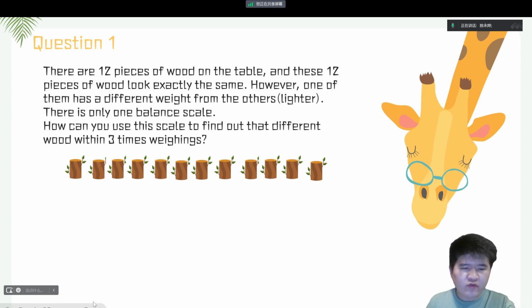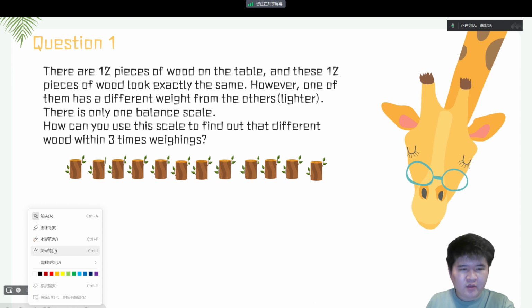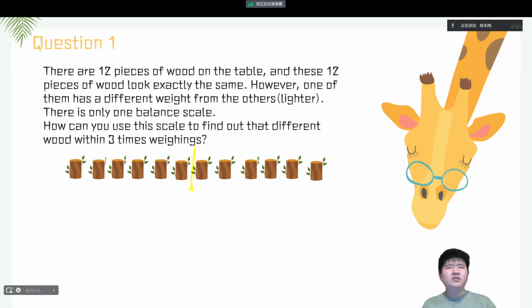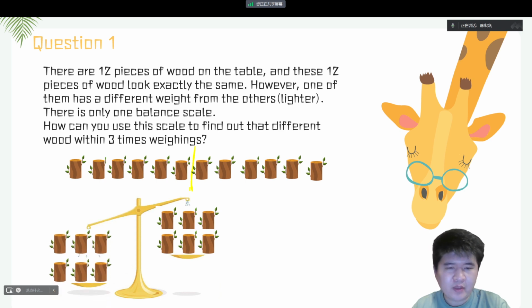For example, for these 12 pieces, we can divide them into two groups. One group has 6 wood, another group also has 6 wood. We put them on the scale, and one must be lighter and one heavier because there is one different one hidden inside of them.